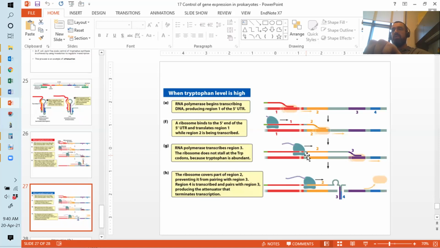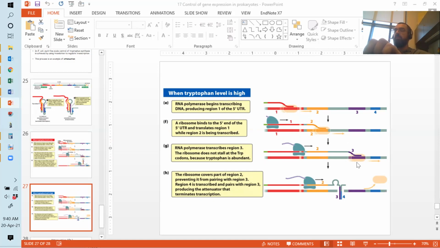That ribosome will continue onto region 2 before the RNA polymerase has finished transcribing region 3. So this 2-3 loop cannot form, right? Because the ribosome is obscuring part of it.